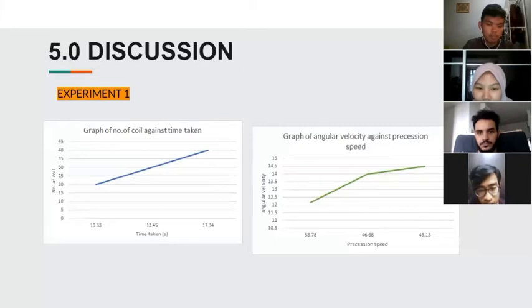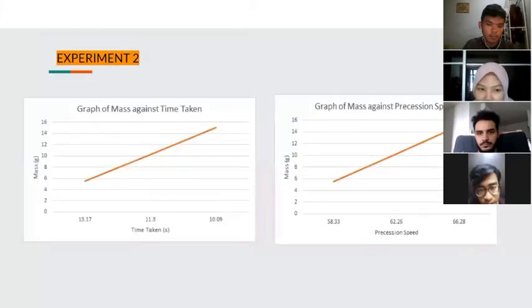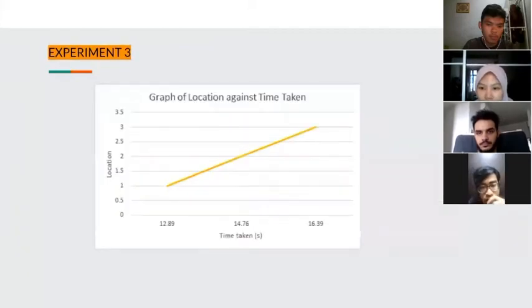So next slide. For experiment 2, this is the graph of the mass against time taken. The second one is the graph of mass against the precession speed. So next. This is the graph for experiment 3, which is the location against time taken.